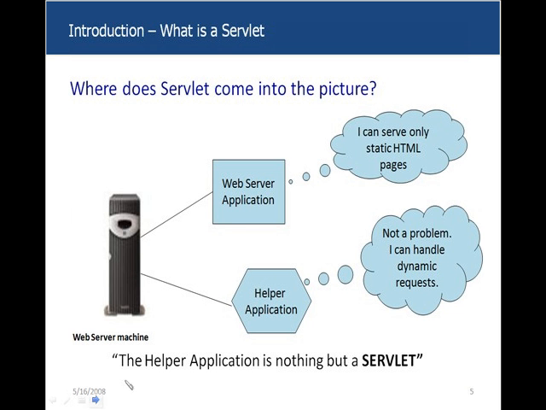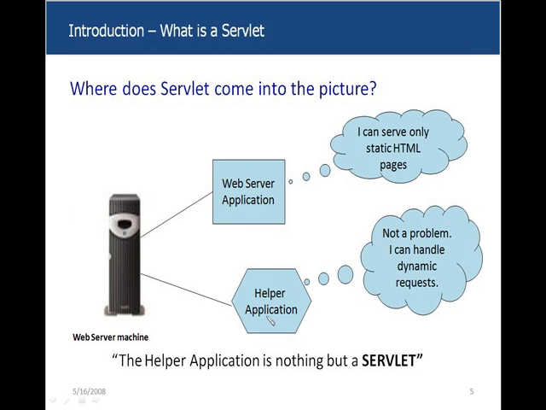You know that this web server application serves static HTML pages. Now when the request comes for a dynamic page from the client, it knows that it cannot handle that request. It cannot serve that request. It says, I can only serve static HTML pages. So this helper application comes into play. It says, not a problem, I can handle dynamic requests.